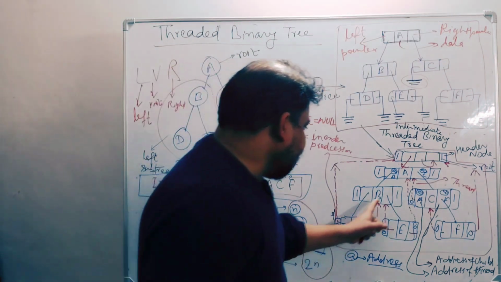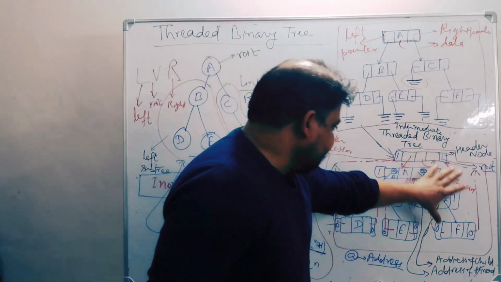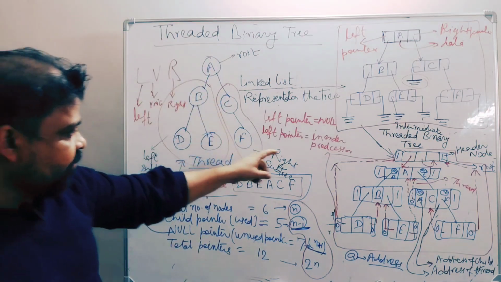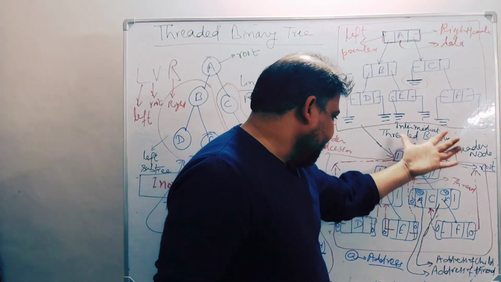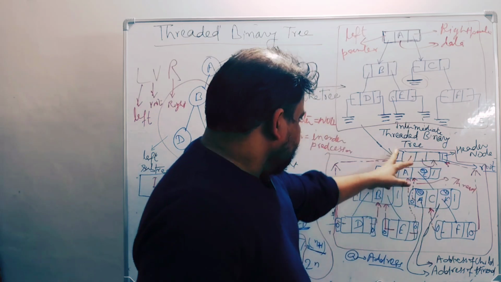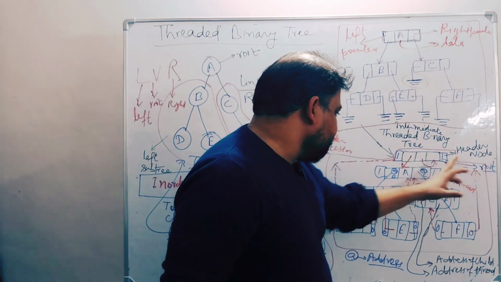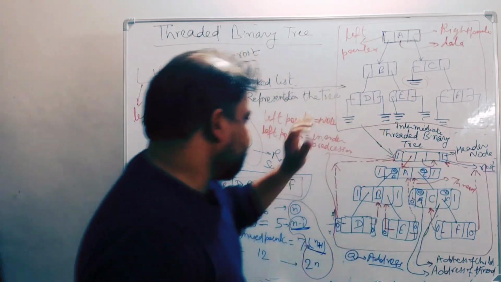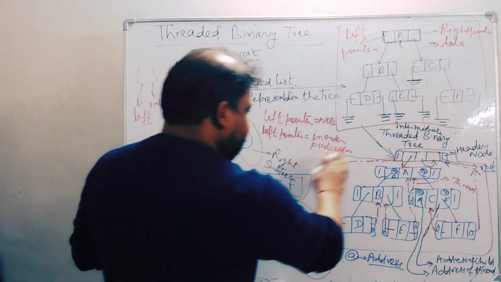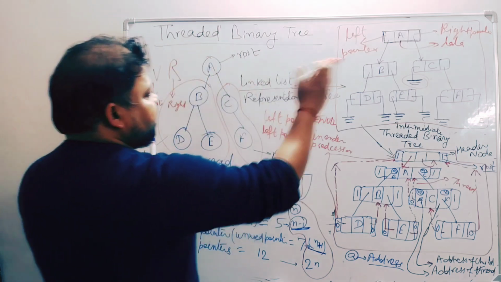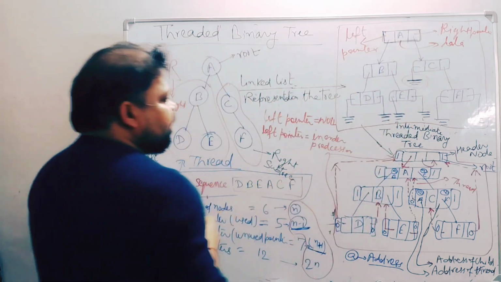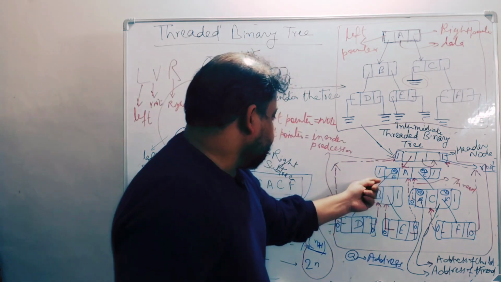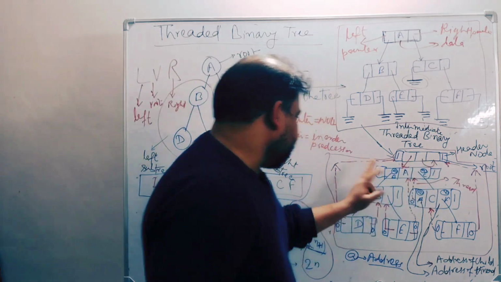Now the entire thing is clear. This is your threaded binary tree related to this binary tree. Here you can see each and every node will have 5 fields. Your header will be the root node, and the entire tree will be the left subtree, and all the structures will be the same as in the linked list way. Besides, two more spaces have been used just to represent whether it is 1 or 0.